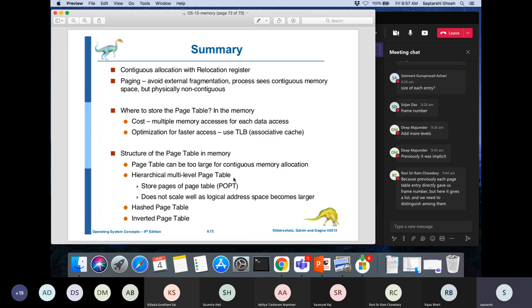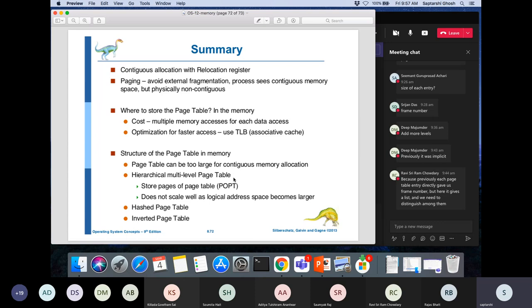So contiguous allocation with relocation register satisfies some of the requirements, like contiguous memory starting with 0, but not all. So then we moved to paging. We did discuss segmentation a bit, but essentially segmentation has not become so popular. Usually paging has become popular.